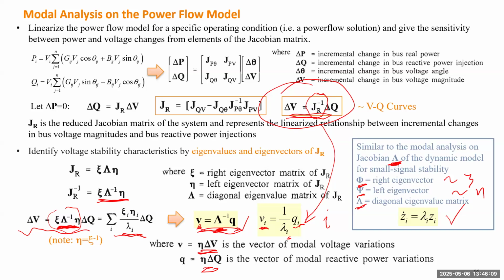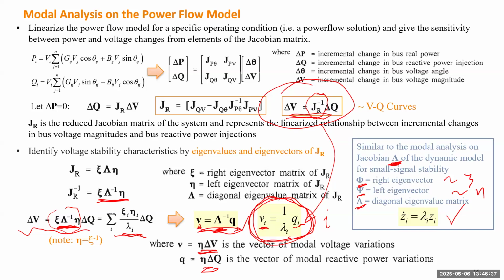Here we generate a decomposed version of the power flow, and this one characterizes one single mode of voltage stability. If every lambda here is positive, the entire system is stable in terms of voltage everywhere. But if any lambda becomes 0 or negative, the system will become unstable.